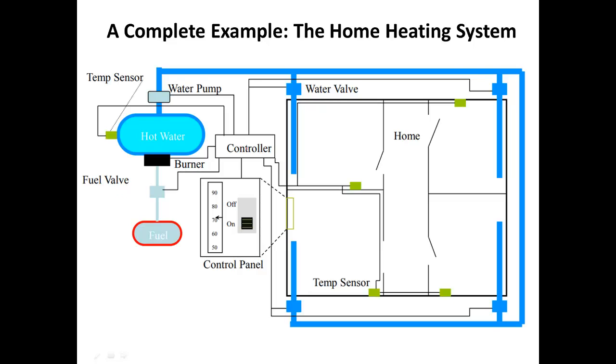Also we have a controller. With the controller you can control different things, okay? Also you have a control panel. In the control panel you can turn on and turn off. Also there is a pump line so the water can go through your whole home. Also there is a temperature sensor. So that's the whole system, and this is the real diagram.